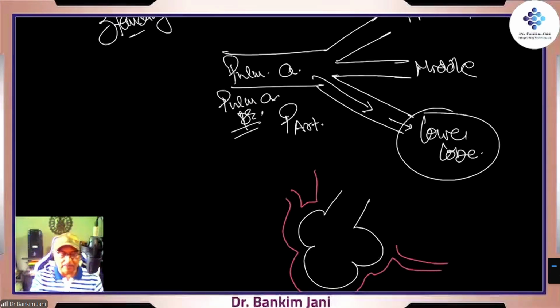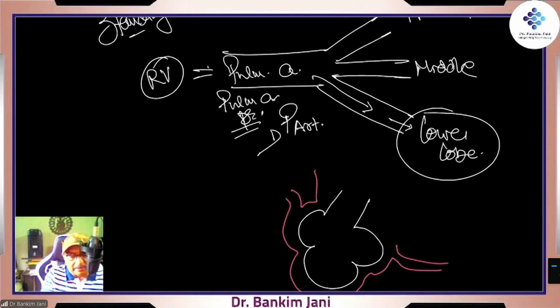That is one pressure. From where would this pressure be generated? Well, this pressure would be generated by the right ventricle, because the right ventricle is pumping. It goes via the right ventricle to the pulmonary trunk, to the pulmonary artery, and then all the way on. Over here, its pressure was 25 by 8.